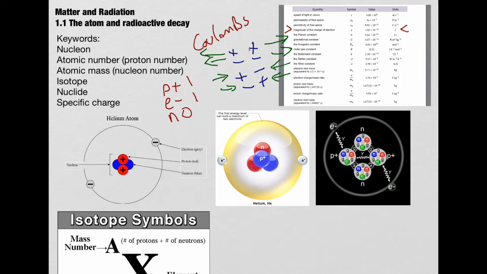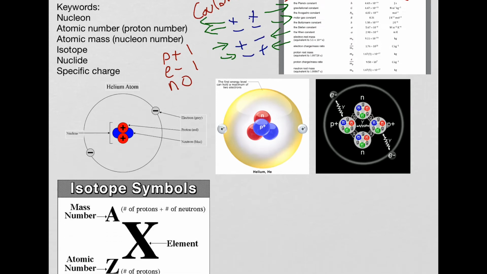But this is a much more quantum physics interpretation of what happens in a nucleus, or in this case a helium atom. Okay, so we need to be able to talk about this atom and the components inside it, the nucleus and the electrons, without having to draw it every time, because that would get very, very tedious.